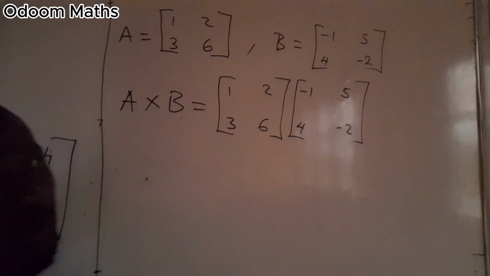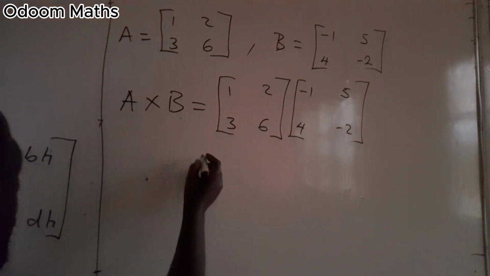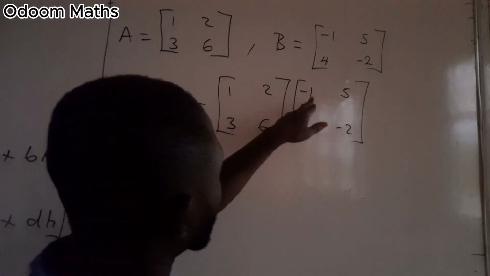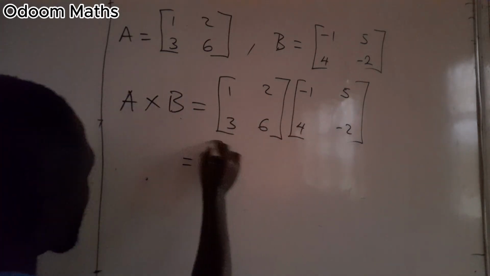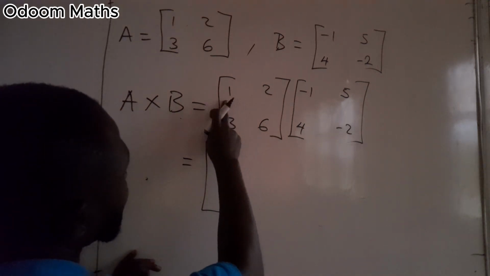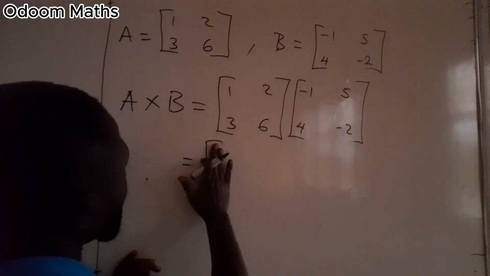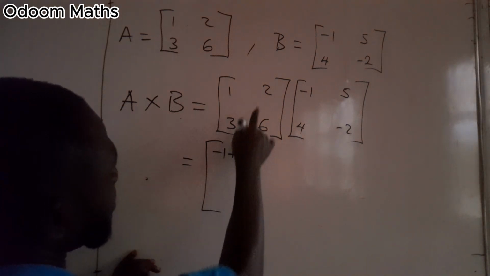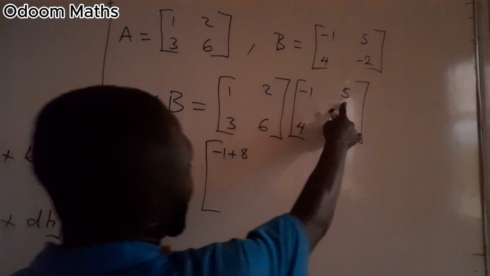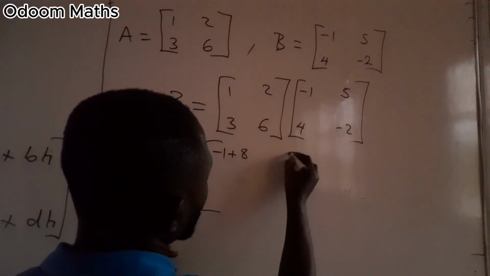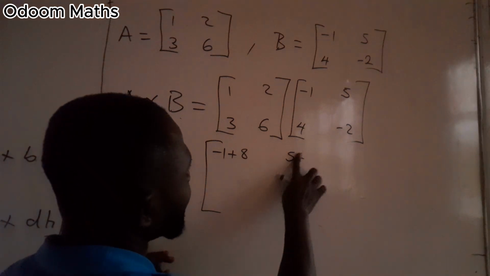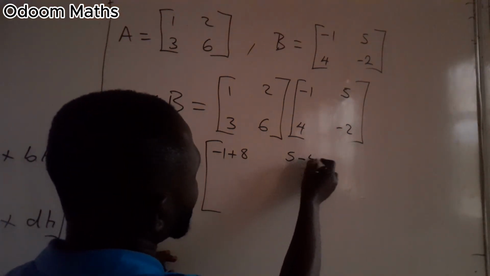Like we did over there, we take the first row to multiply the first column. So that is going to be 1 times -1, which is -1, plus 2 times 4, which is 8. Then 1 times 5, which is 5, plus 2 times -2, which is -4.